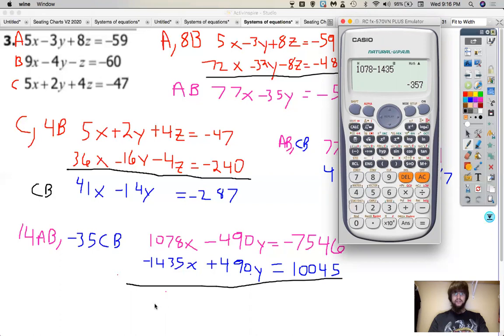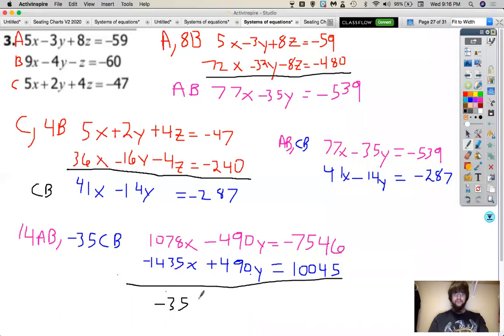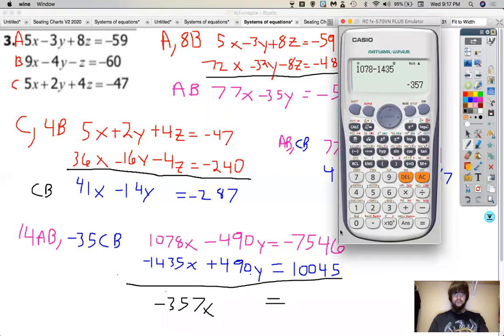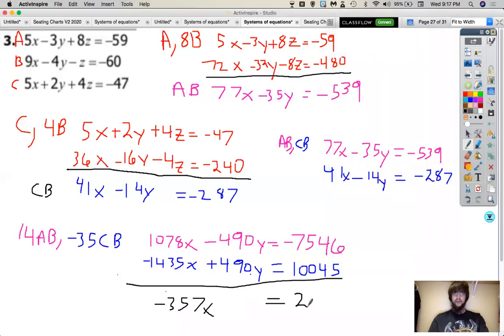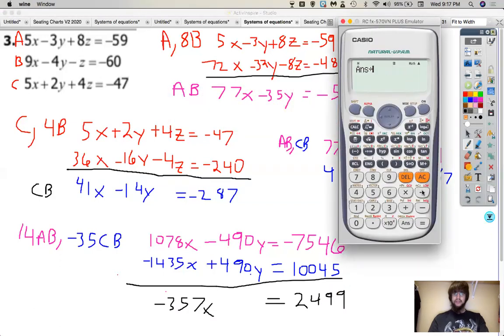Negative 357 X equals 2499. I'm hoping I didn't mess up anything. Divide by negative 357. Please be a nice number.